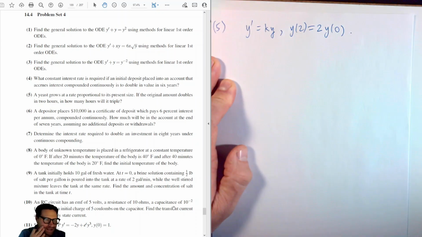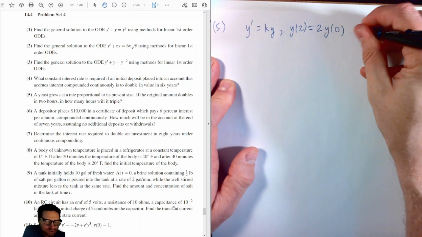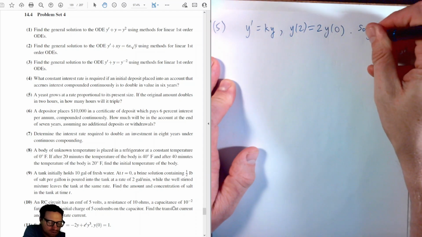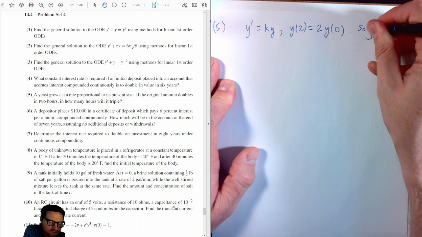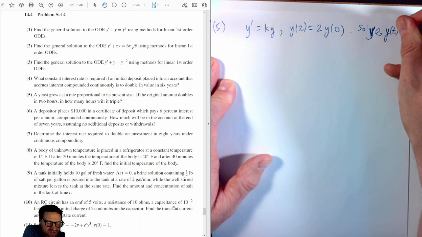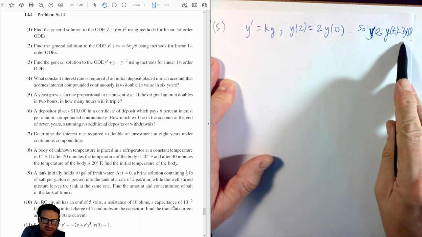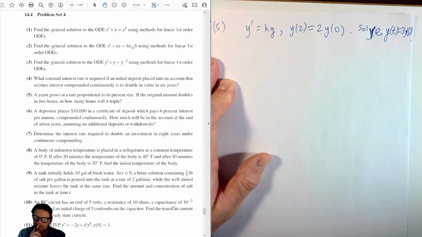So the question here is, in how many hours will it take to triple? So what we've got to do is solve, not a y, solve y of t is equal to 3y of 0. So we've got to solve this equation for t.